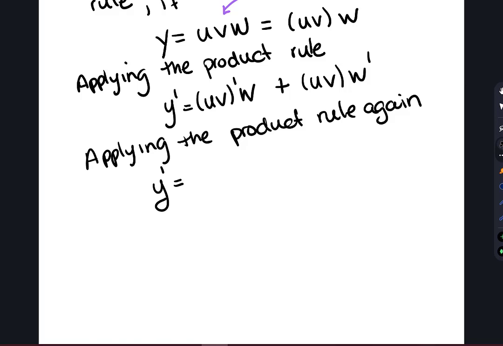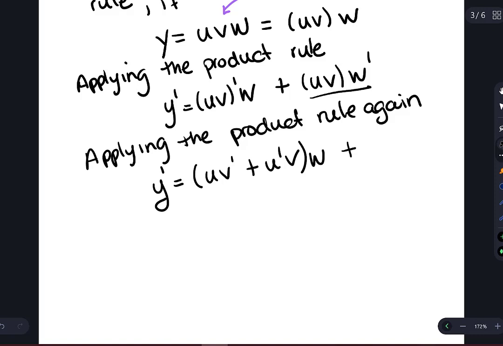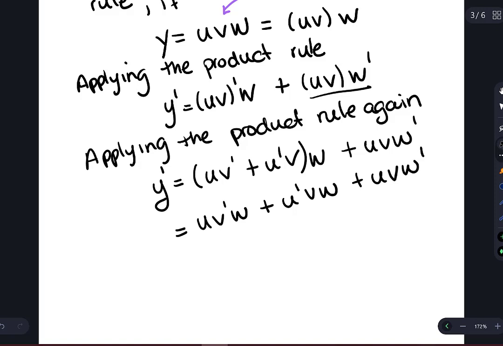And applying that product rule, I know that the derivative of u times v is u times v prime plus u prime times v, or you could switch these two terms, times w plus, and then we don't need the product rule to take, for this second term, so it just stays as it is, uv times w prime. And so notice that this becomes u v prime w plus u prime v w plus u v w prime.